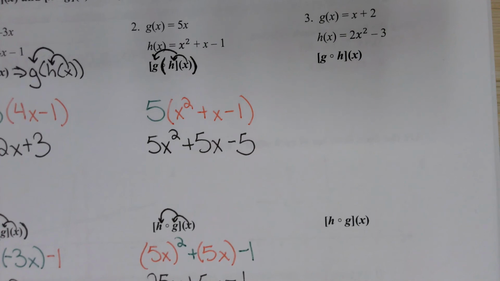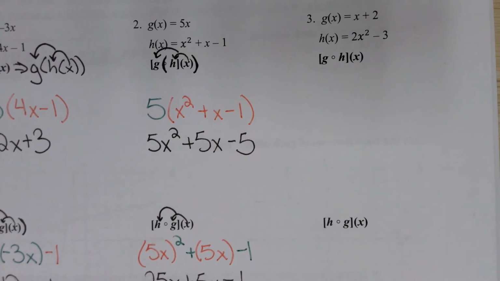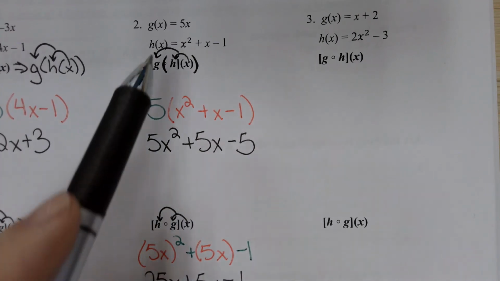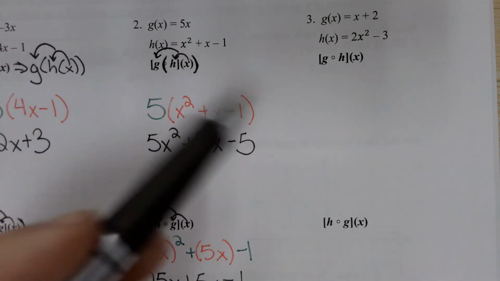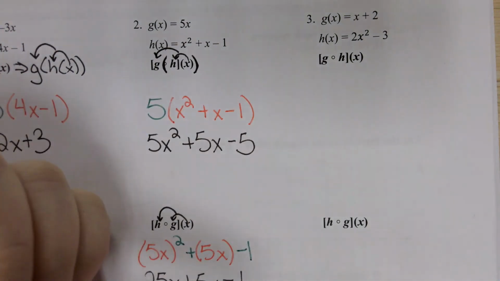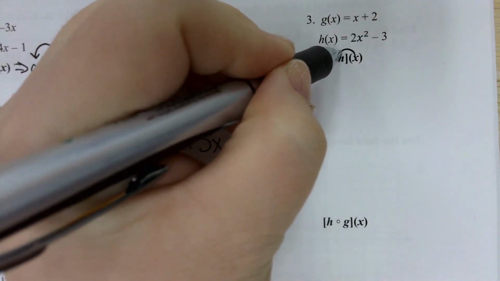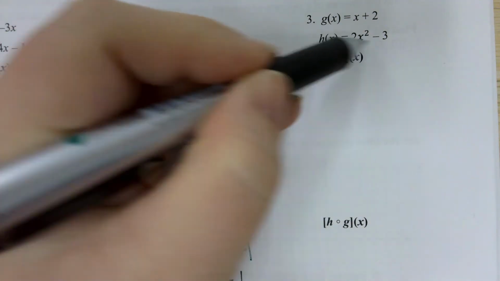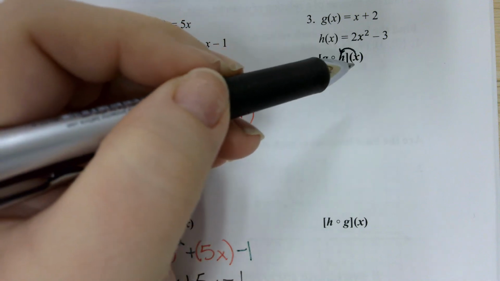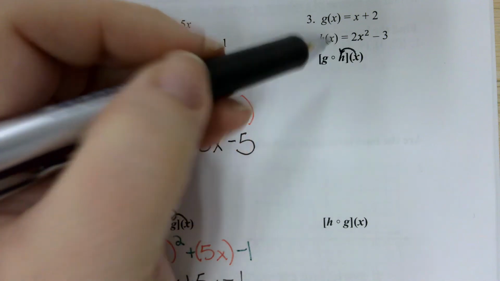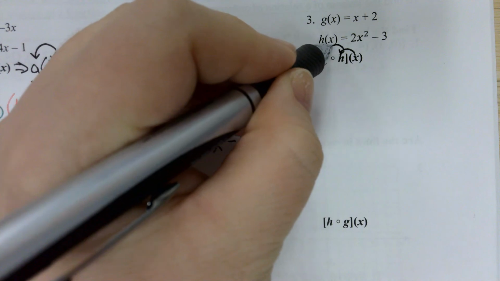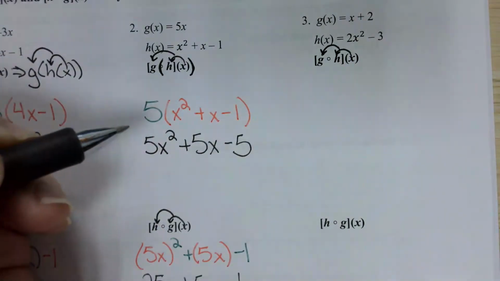Let's do one more. So since we did 3 with the notation of parentheses, I'll leave these last 2 notations alone as well. So we have 3 of each. So right side to left side. x is already the variable in h. So we're going to plug h into g.